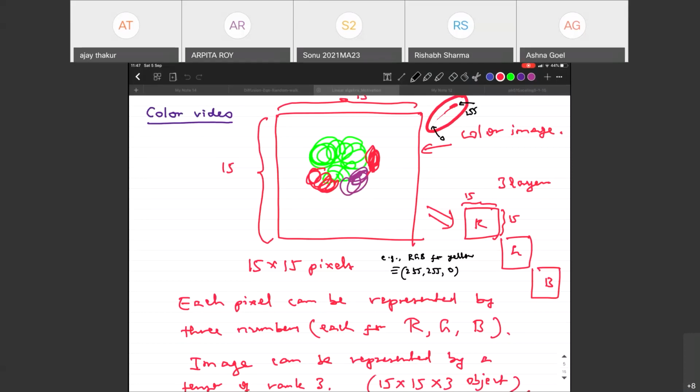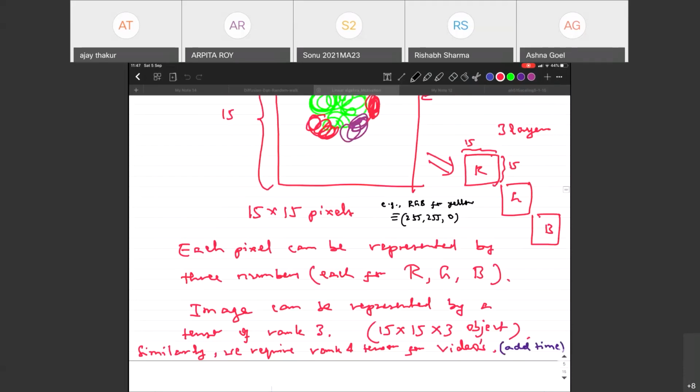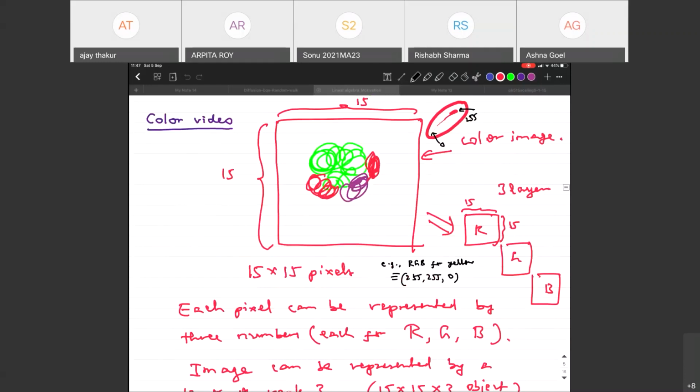This realization is very important, because once you do that, this unrolling of tensors to vectors is a technique, and you can set the right protocol in which you will unroll, save that as data, and then do all kinds of manipulations on that.